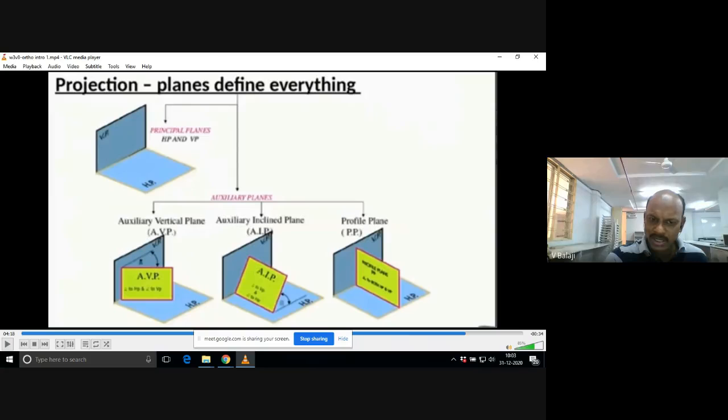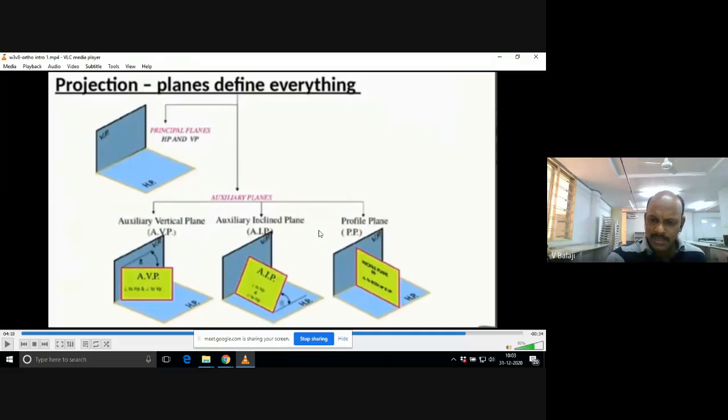In this way, we can have three additional planes. If you take HP and VP as primary, then AVP, AIP, and PP are additional planes. These two are called auxiliary planes, and this also comes under auxiliary planes, but we have a specific name for it, the profile plane.